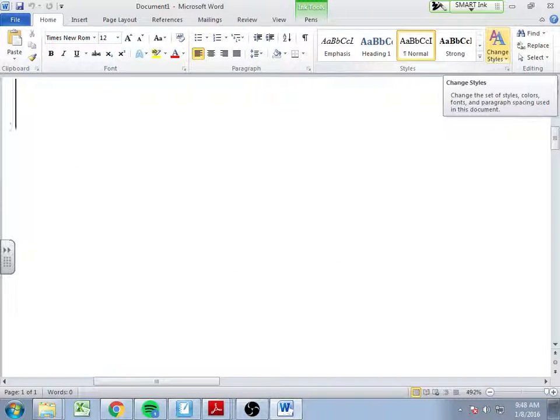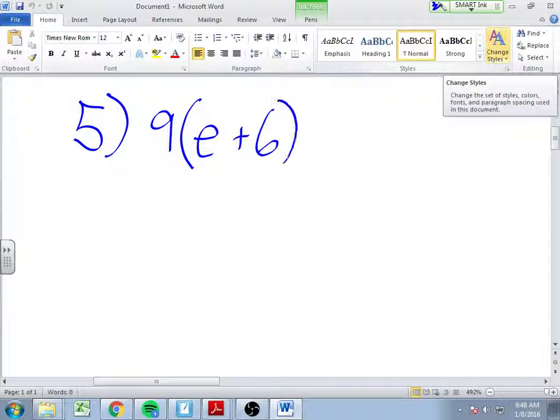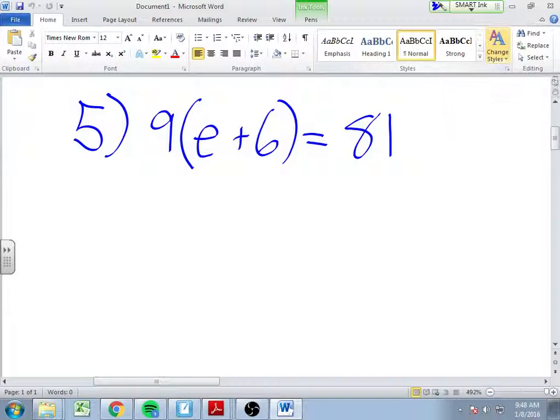And our last one here, I've got all of the pens picked up. Dealing with yesterday's lesson: 9 times the quantity e plus 6 equals 81. Now there's actually 2 different ways that you can solve this. I haven't shown you the other way yet, but I'm going to introduce it to you.